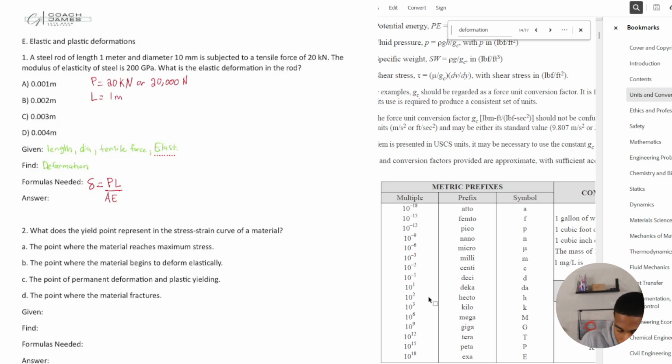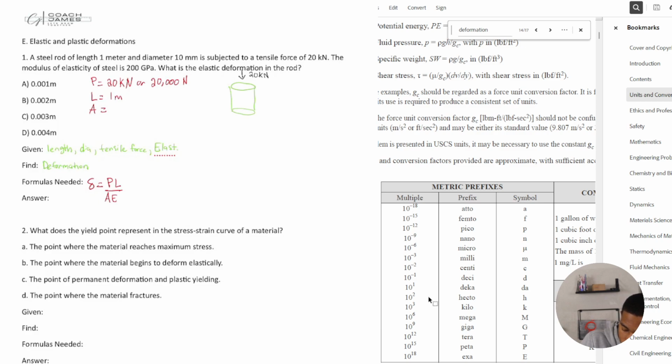Very nice. What's the A? Okay, so we get a diameter. Here's what's happening. You have a circular rod, and that rod has some type of loading on it, 20 kilonewtons coming down.